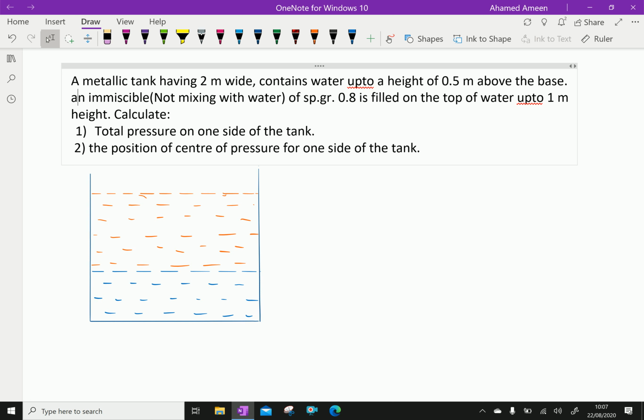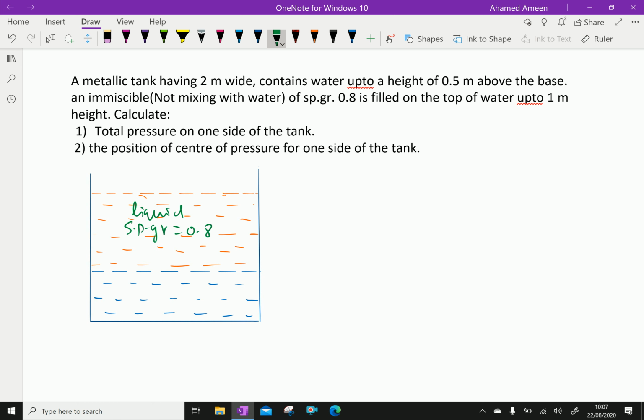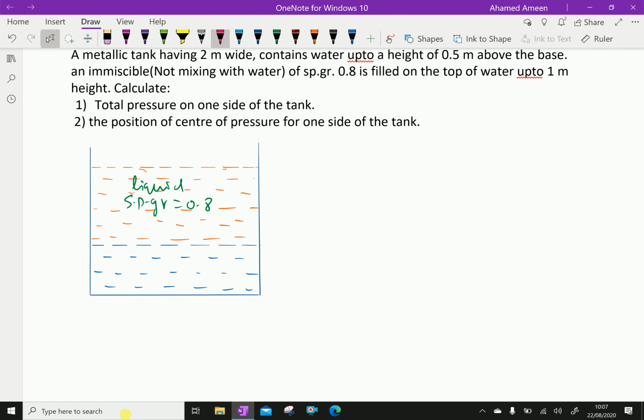Here this one is the liquid, with specific gravity 0.8. Here, this is water. Now, the depth of water is 0.5 meter and the depth of liquid is 1 meter, given.